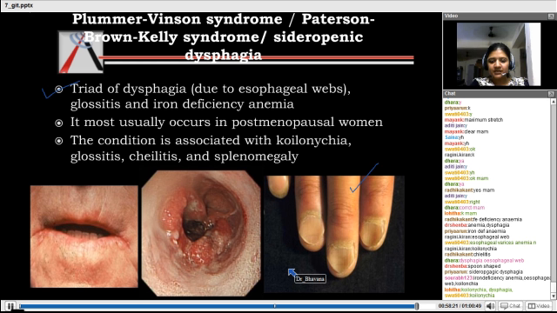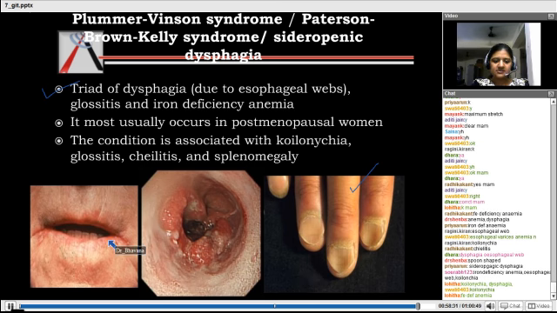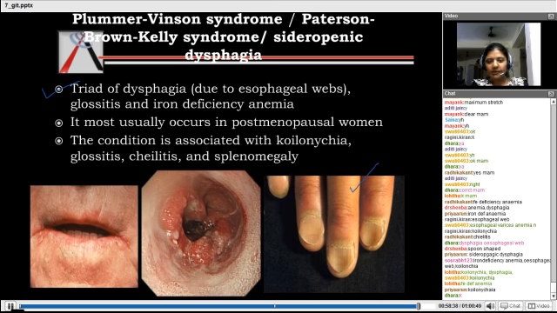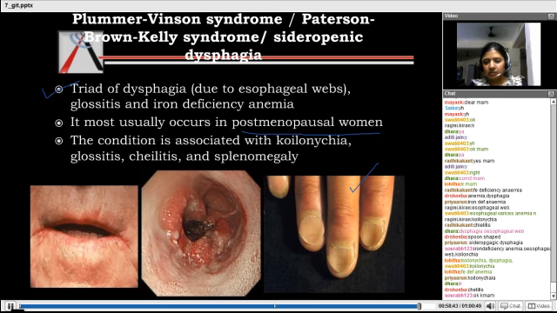You can see the koilonychia, the spoon-shaped nails. Yes, you can see the esophageal webs over here. And there will also be cheilitis. The one point that we already know, but yes, you commonly see it in women, more so in post-menopausal women. All the other names, sideropenic dysphagia, Patterson-Kelly syndrome, Patterson-Brown-Kelly syndrome, all these other names are very important.